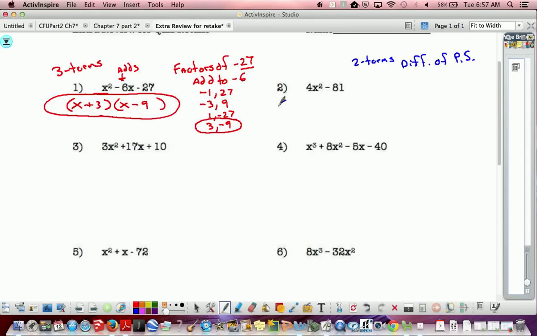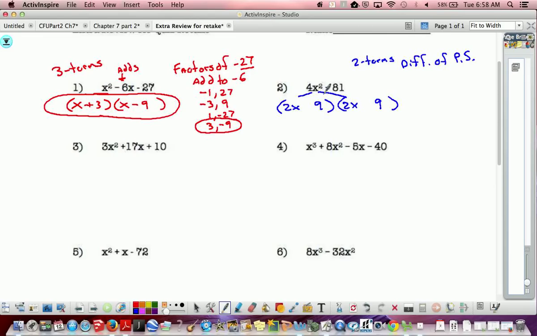Remember what differences of perfect squares, you basically take the square root of each term and put them in their respective spots. So with 4x squared, we'd go 2x times 2x. With 81, we'd go 9 and 9. But since there is no middle term, like the previous one over here, we had negative 6x as a middle term.